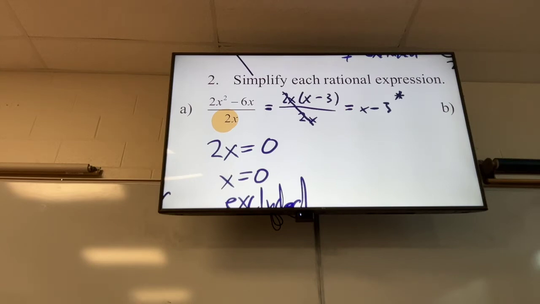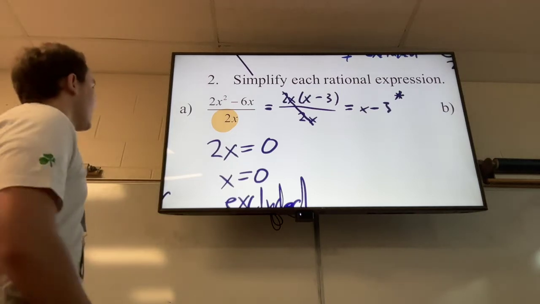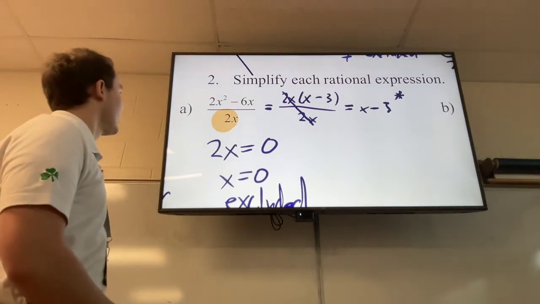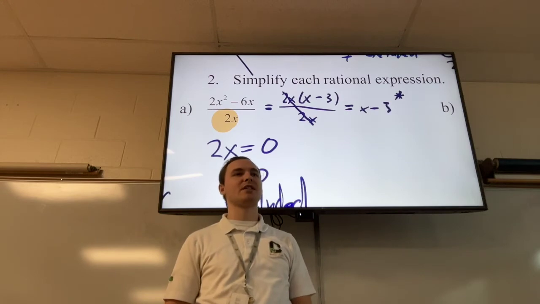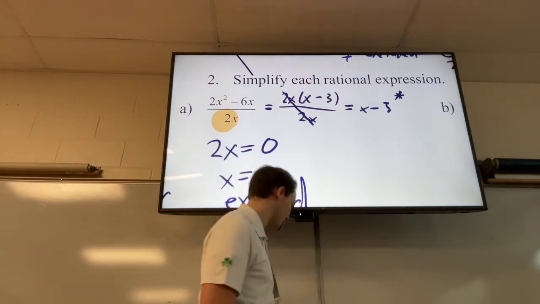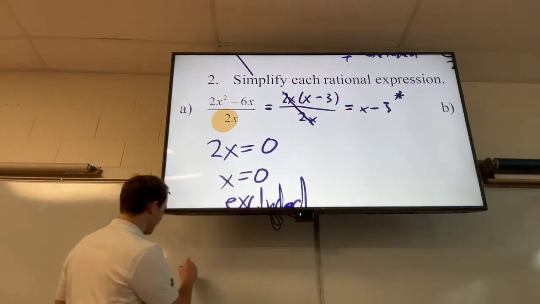Why do you think I have my asterisk there? So I put an asterisk there, right? Because we could say that this function is equal to the function x minus 3 except for what? What's the difference between those two functions?